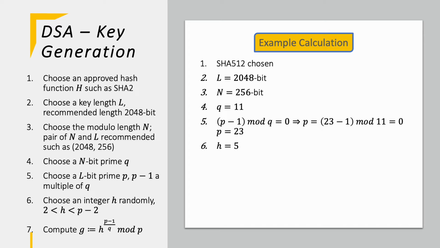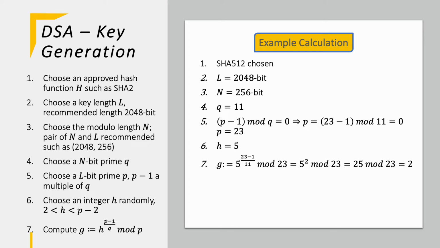Then we have to compute G. Taking the formula on the bottom left, G is h to the power of (P minus 1) divided by Q, modulo P. Let's plug in the numbers.